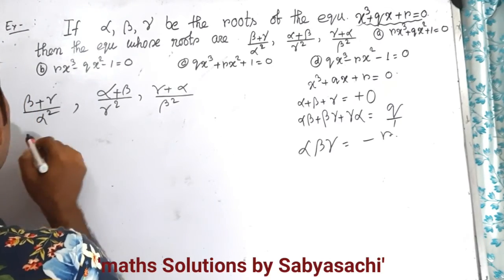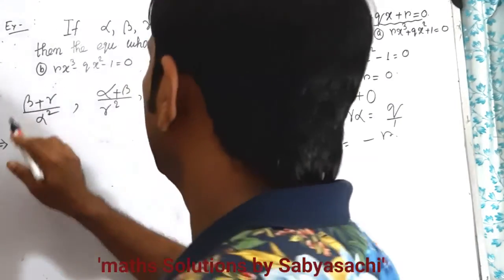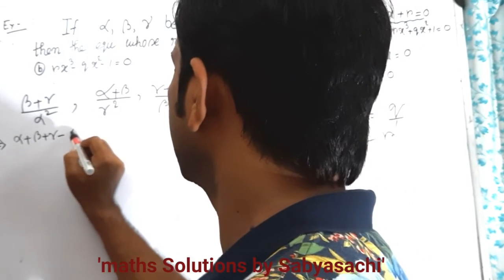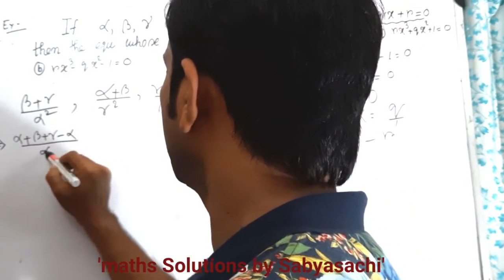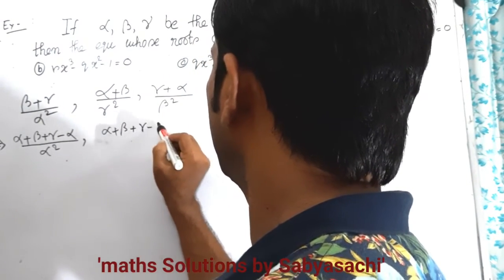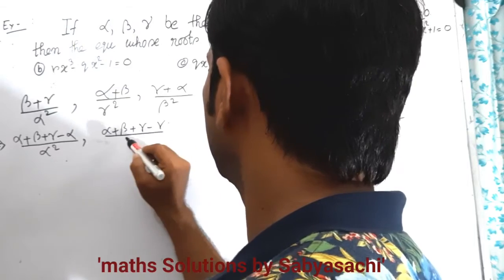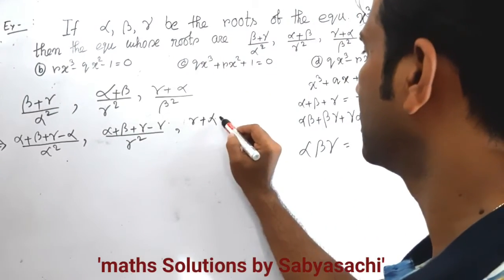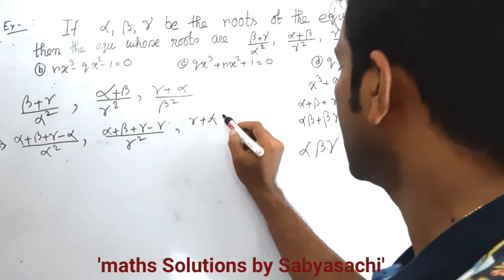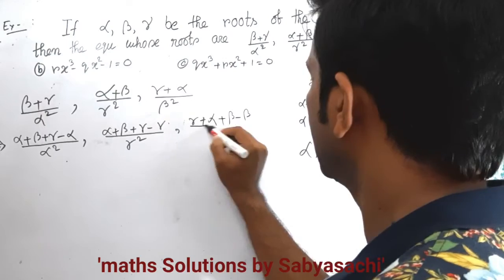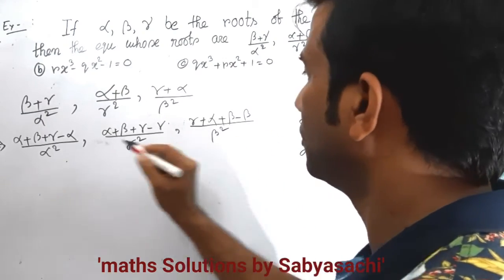It can be written as alpha plus beta plus gamma minus alpha by alpha square, alpha plus beta plus gamma minus gamma by gamma square, alpha plus beta plus gamma minus beta by beta square.